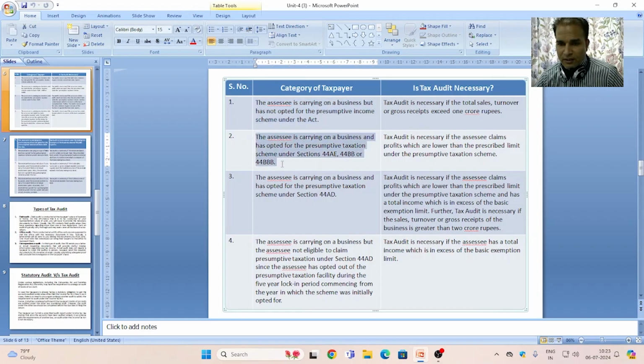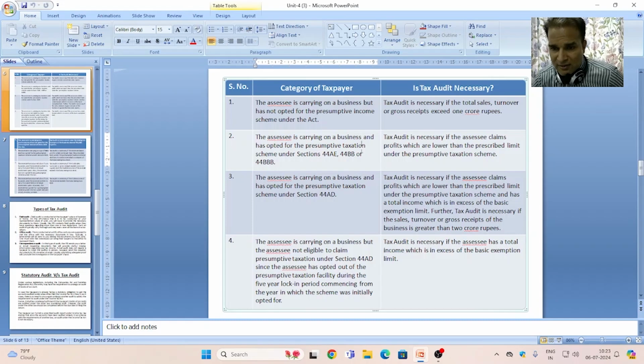Now, the second category: the SSC is carrying on a business and has opted for the presumptive taxation scheme under Section 44AE, 44BB, or 44BBB. For this type of SSC, tax audit is necessary if the SSC claims profit which is lower than the prescribed limit under the presumptive taxation scheme.